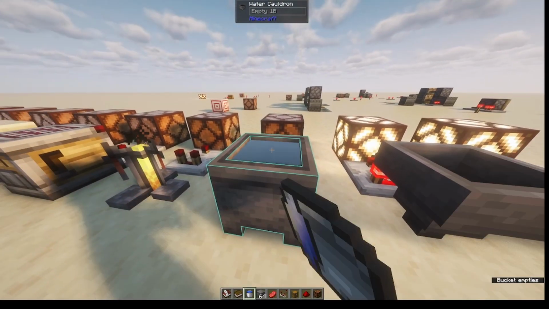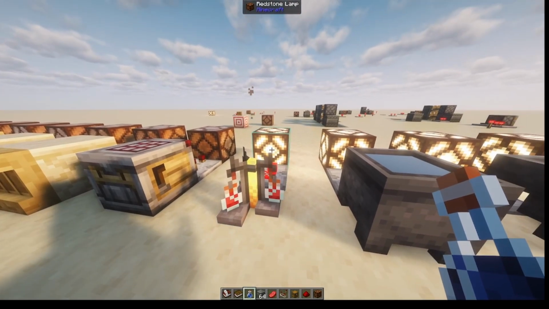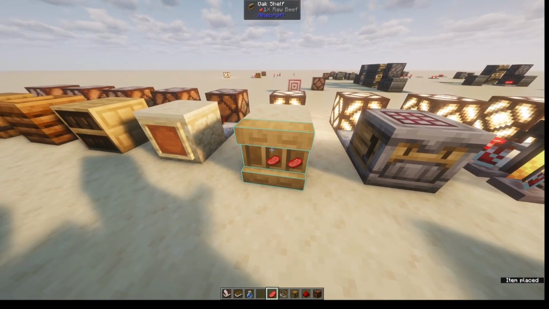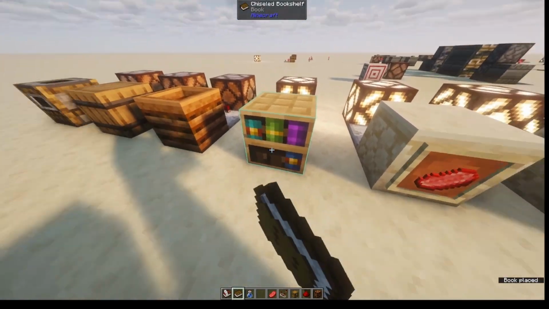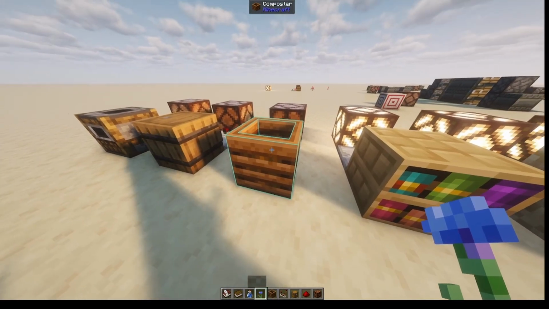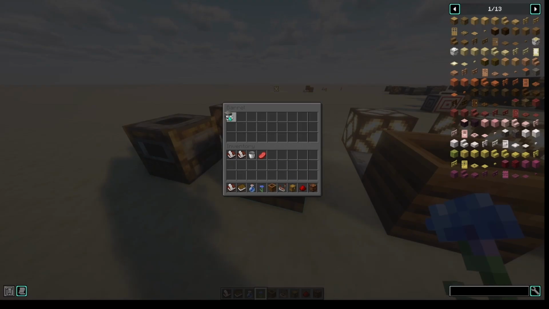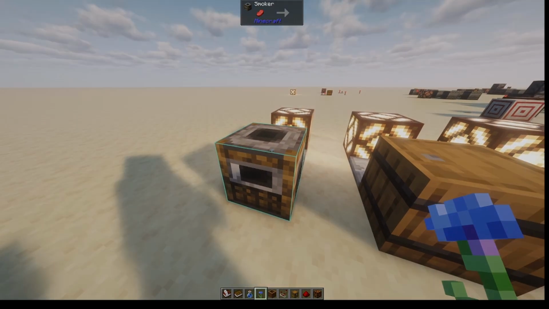A cauldron, a brewing stand holding water bottles, a crafter holding items, a bookshelf holding items, an item frame, a chiseled bookshelf holding books, a composter which holds compost, a barrel holding items, and even a smoker holding items.